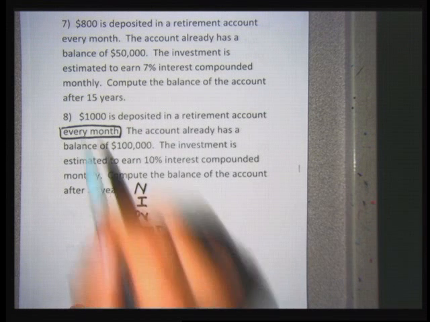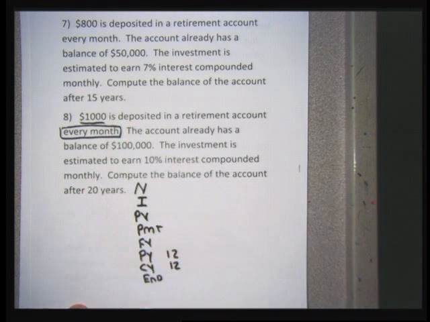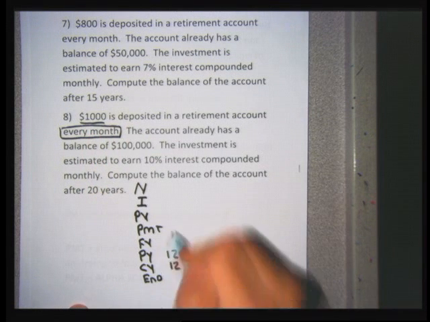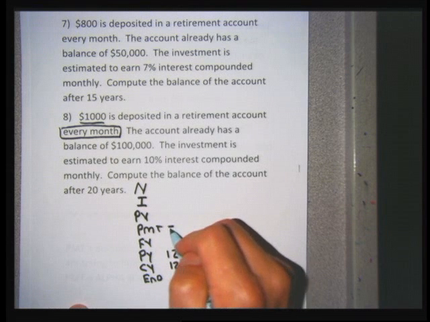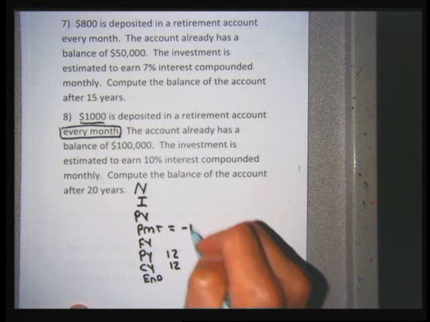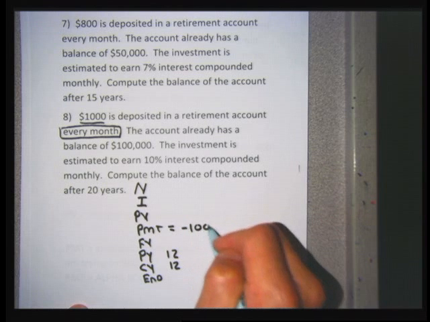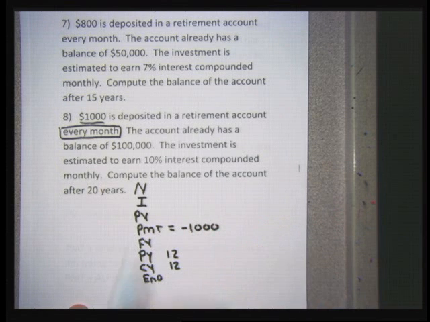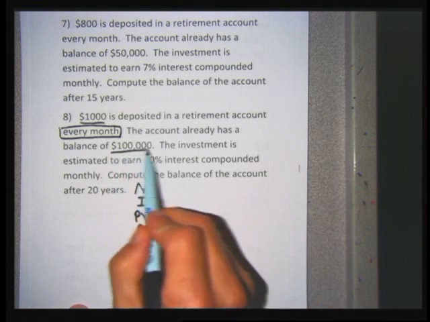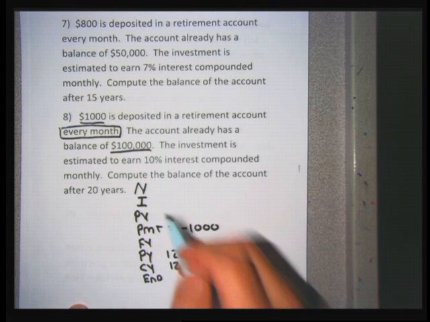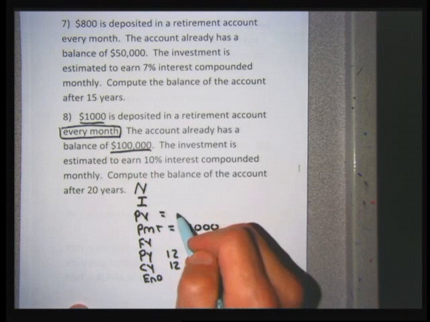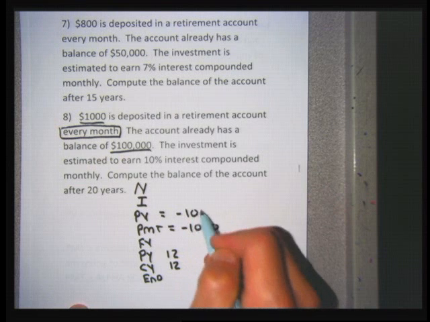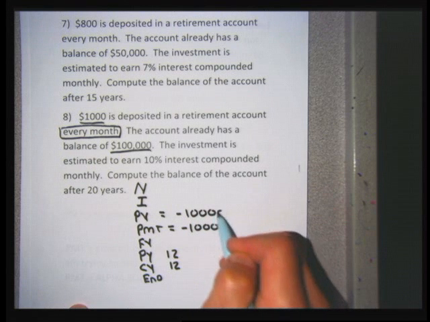The first amount that I see, the $1,000, that's the deposit that you're making every month. It's the PMT. I'm saving for retirement, so my PMT has a negative sign. The next amount that I see is $100,000, and it's the current balance of that account, and because you're saving money, it gets a negative sign.